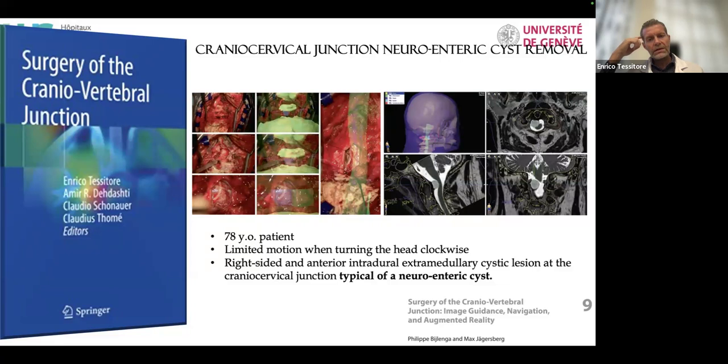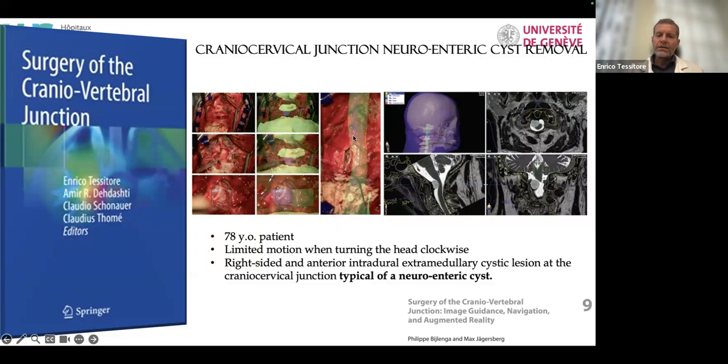This was a neurenteric cyst of a 70-year-old patient presenting with limited motion in the neck with pain, and the MRI and the CT scan show a compression of the spinal cord behind the transverse ligament. And here you might see the intraoperative merging of the real occiput, C1 and C2 posterior arches with the computer-generated images.